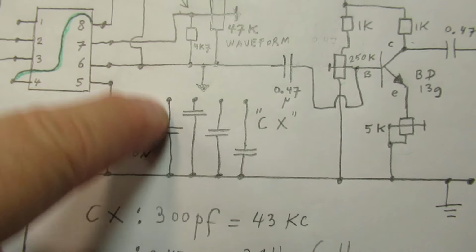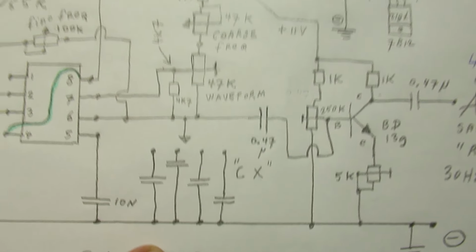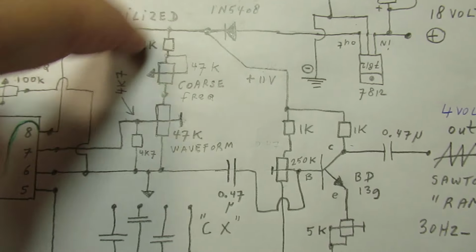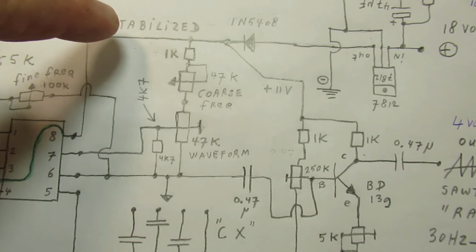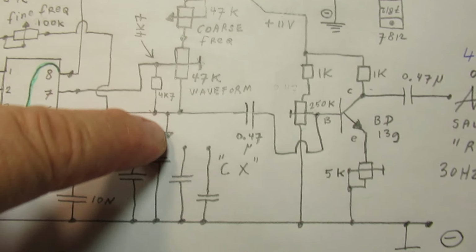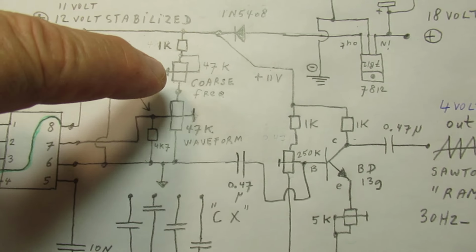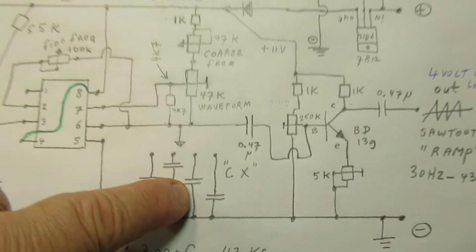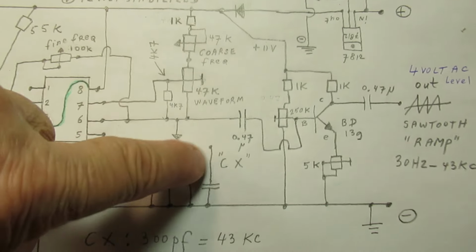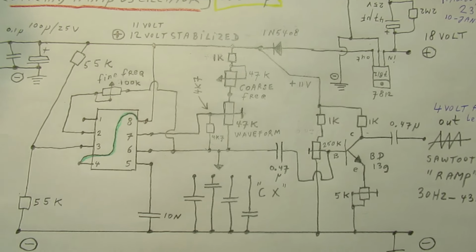This is the timer capacitor, of course, in combination with the potentiometer. This charges the cap. So this is the R, and this is the C, and this is the RC time. That's classical in electronics.